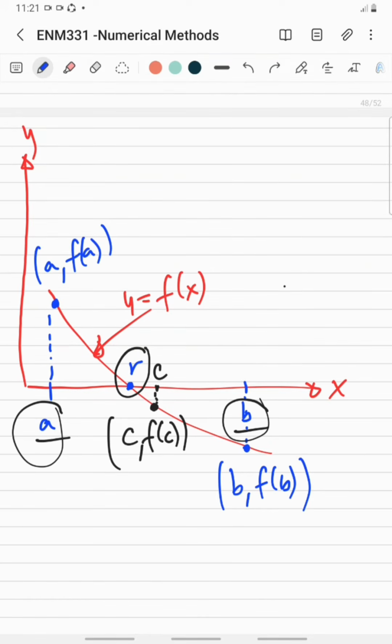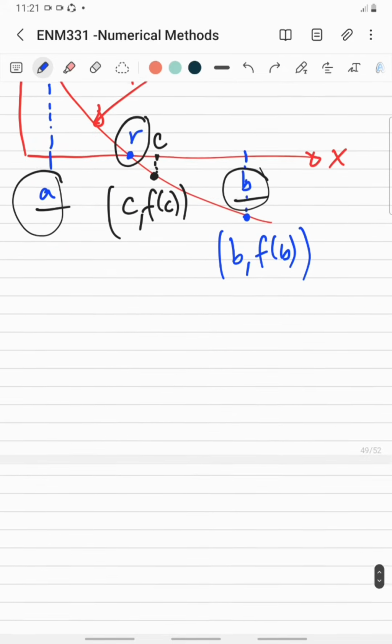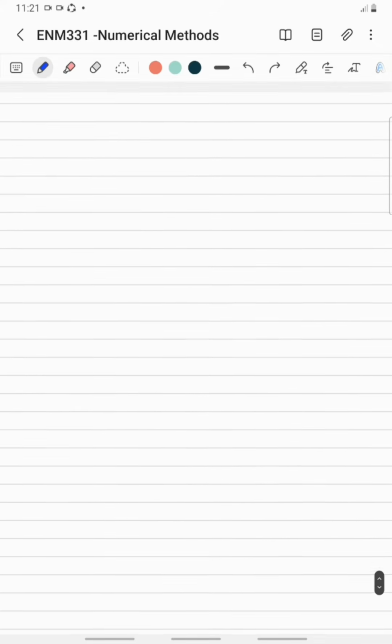In the analysis of the interval half that brackets the root r, we will use the following assumptions.